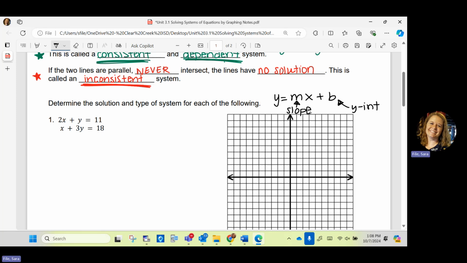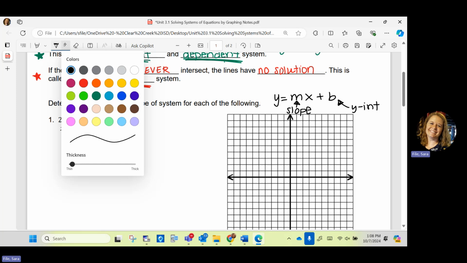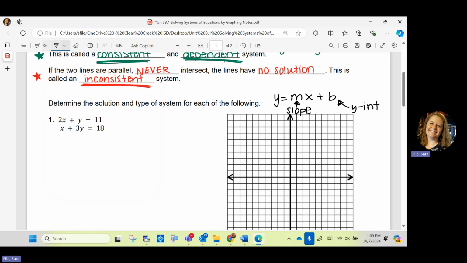So we like slope-intercept form. So I want to get my equations into y equals mx plus b form before I graph them. It's going to be the easiest thing for me to do.